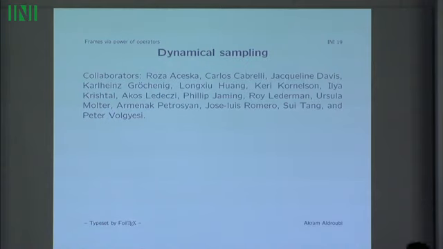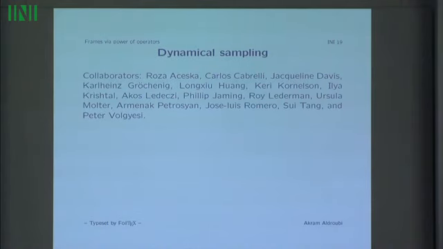There are a lot of functional analysis techniques that we use. But there are many other problems in dynamical sampling that you can look at. I'll talk a little bit about a few that we have worked out and a lot of others that we didn't.